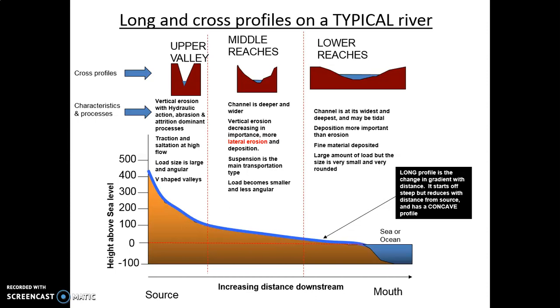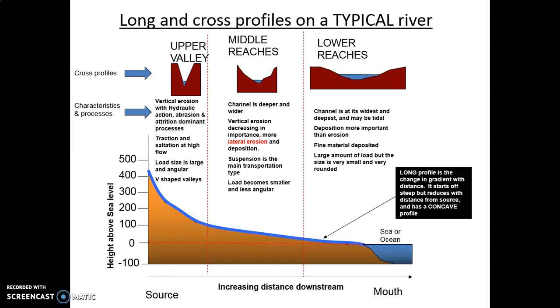But you've still got quite big particles in the middle reaches. And then in the lower reaches, it's really muddy. It looks dirty, the water. It's not. It's just loads and loads of material that's been eroded away into really, really small particles that are floating in the river. So that's how the river changes over time.